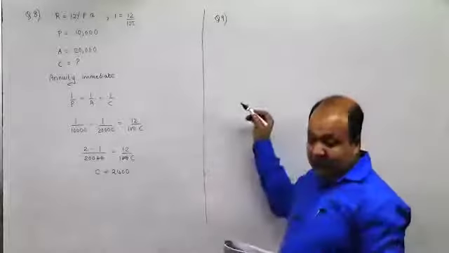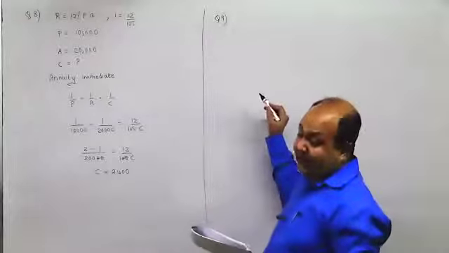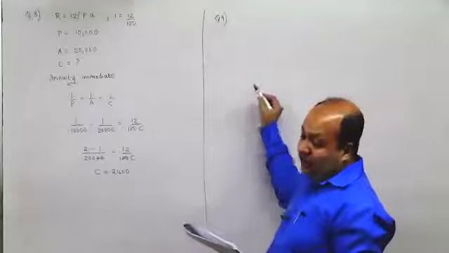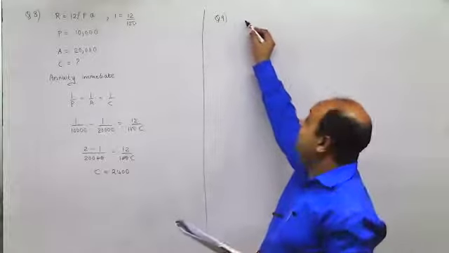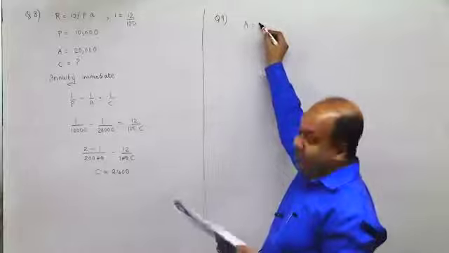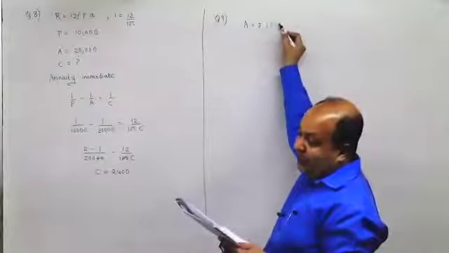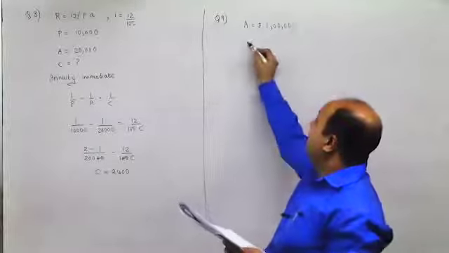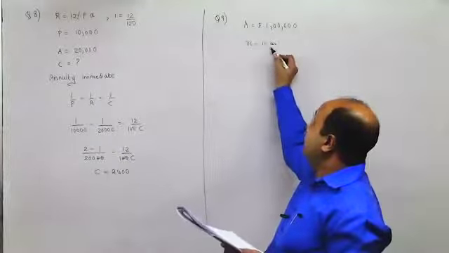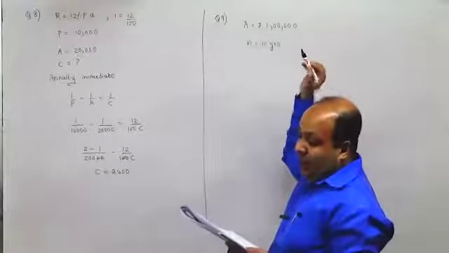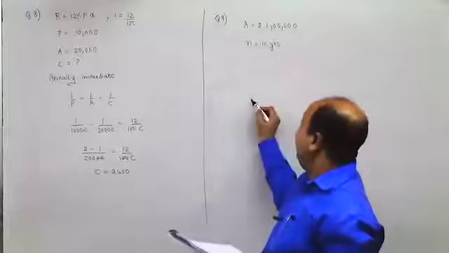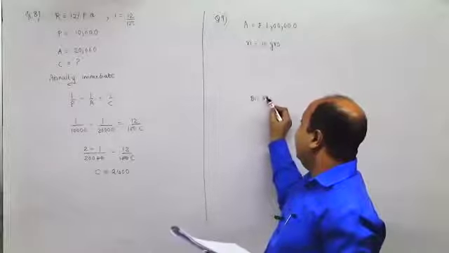Now, in order to have rupees 1 lakh after 10 years, amount accumulated after 10 years equals rupees 1 lakh. N is 10 years. What amount should be deposited biannually? Biannually means twice a year.